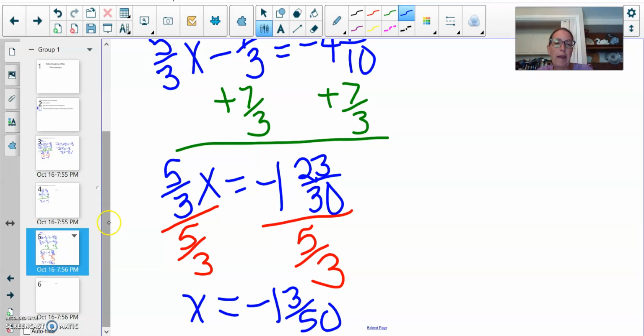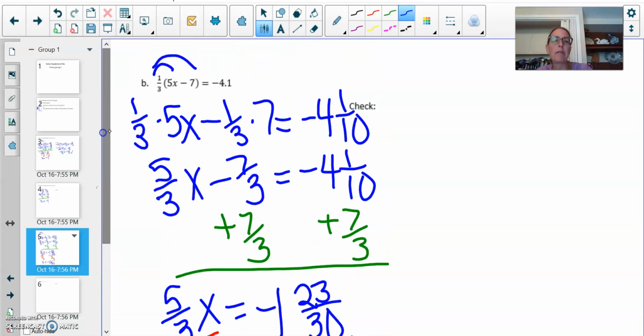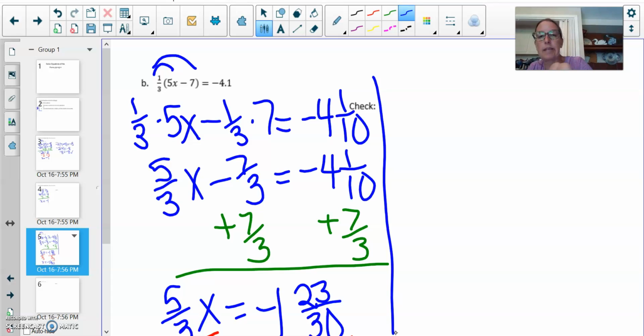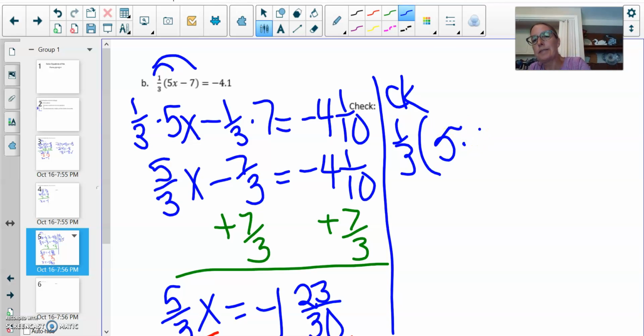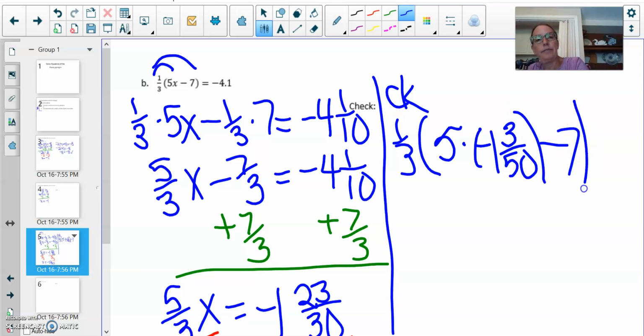So now for my check, I go back to the original. Everywhere there's the x, I'm going to put in that -1 3/50. So I get 1/3 times 5 times -1 3/50 minus 7 hopefully equals negative 4 1/10.